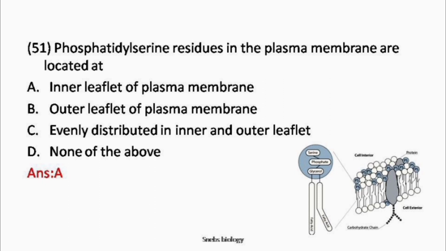So, phosphatidylserine, a phospholipid with a negatively charged head group, is an important constituent of eukaryotic cellular membrane. On the plasma membrane, rather than being evenly distributed, the phosphatidylserine is found in the inner leaflet. So, the correct answer is option A.